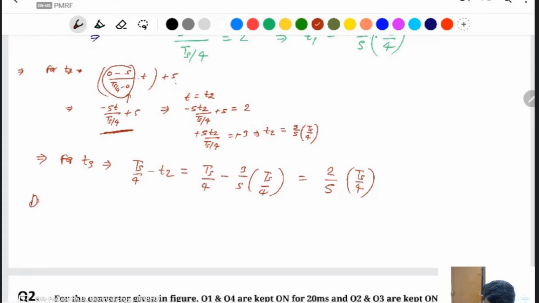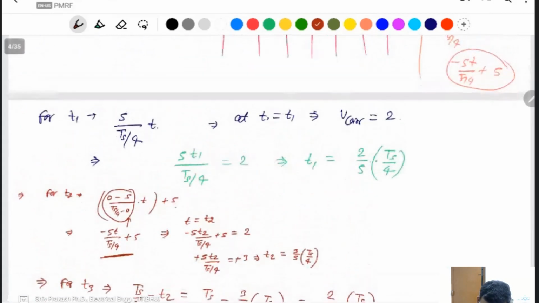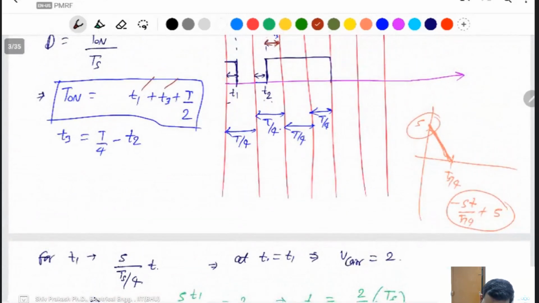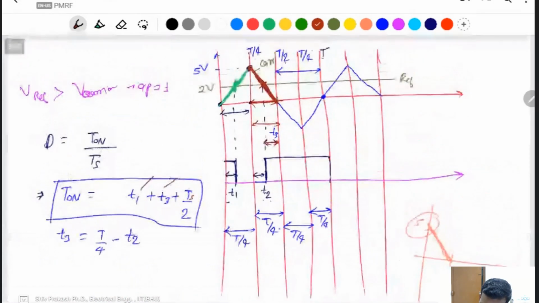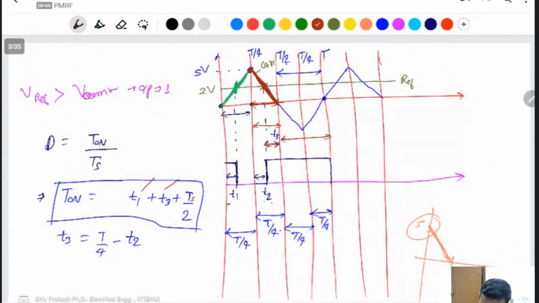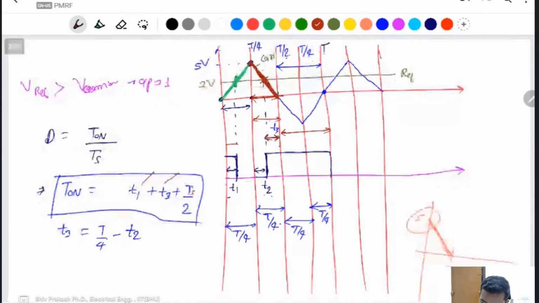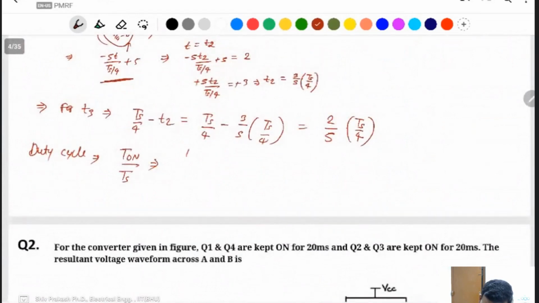And duty ratio or duty cycle is equal to T on divided by the total time period. Then T on is T1 plus T3 plus Ts by 2, divided by Ts. What is T1?